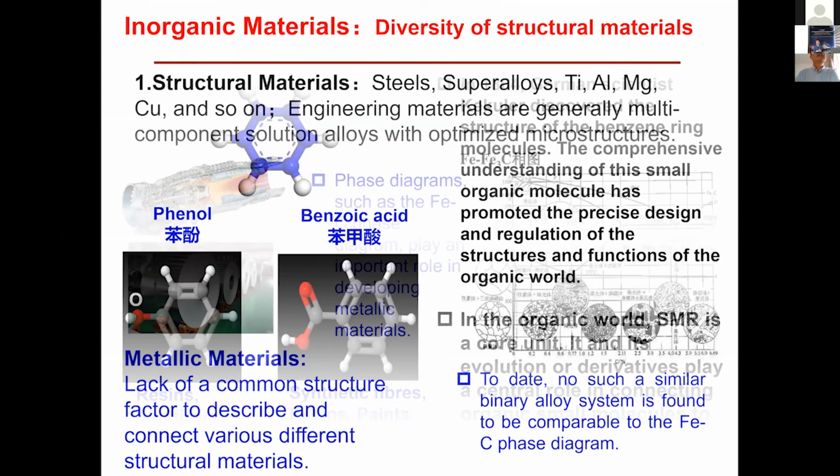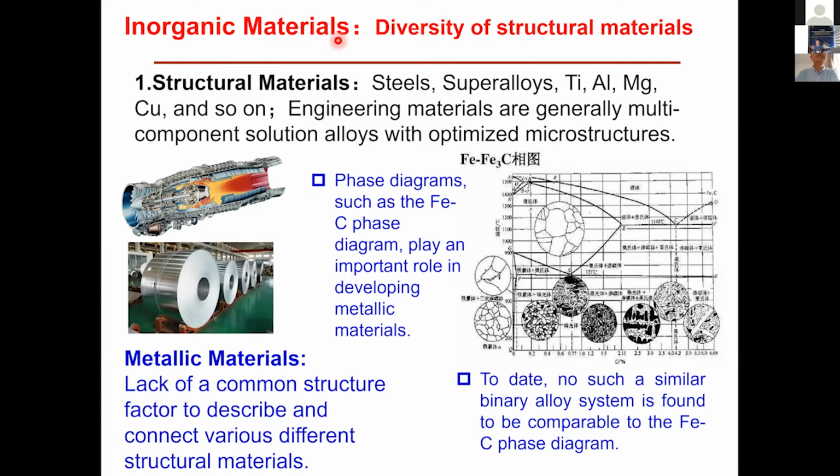However, in inorganic materials, basically we can classify into 2 groups. One is the structural materials. There are a variety of structural materials, including steels, superalloys, and titanium, aluminum, magnesium, copper, and so on. We can also make a wide range of structural materials by using multi-component solution alloying.